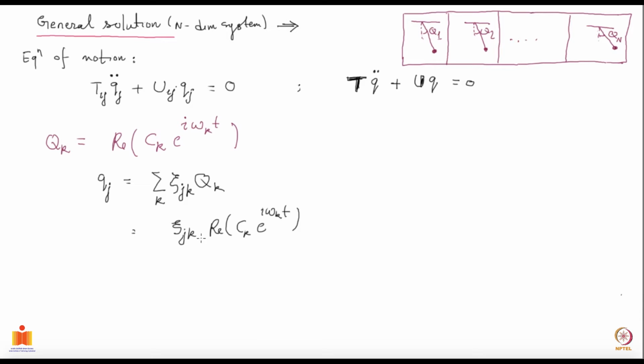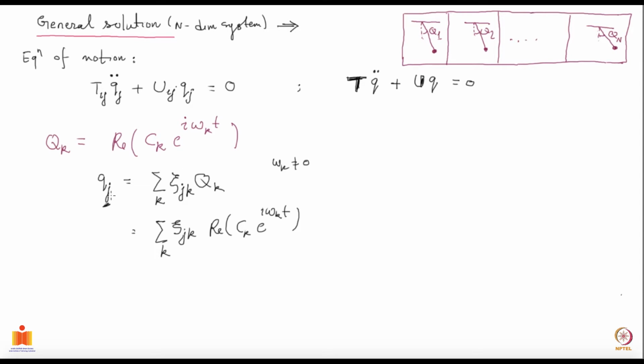Note that all these elements xi j k are also real. They have to be real because your qj's are real, and this part is real, so this has to be real. Otherwise, your displacements would not be real. And I have already made the assumption that I'm taking all the omegas to be non-zero.